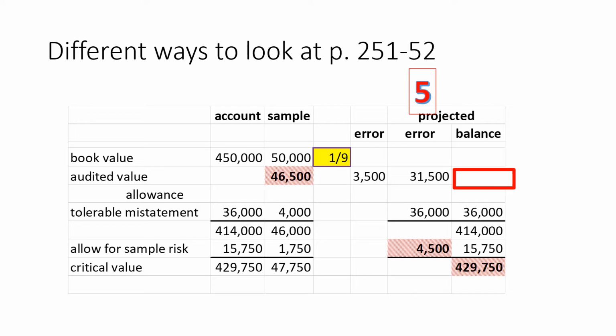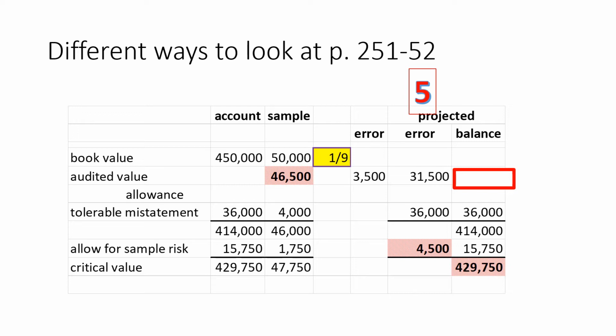To my way of thinking, that only leaves me an allowance for sampling risk of 4,500. The partner said he wanted at least 15,750. So I'm not comfortable. I can't say that inventory is not materially overstated, at least not with as much confidence as the partner would like.